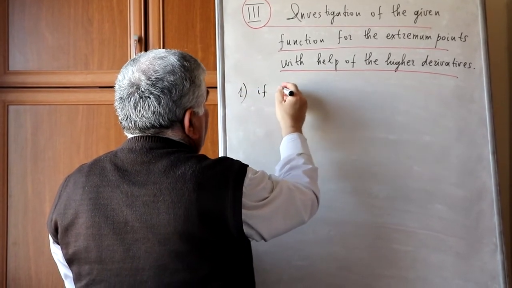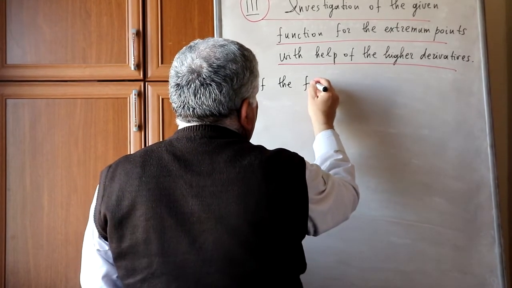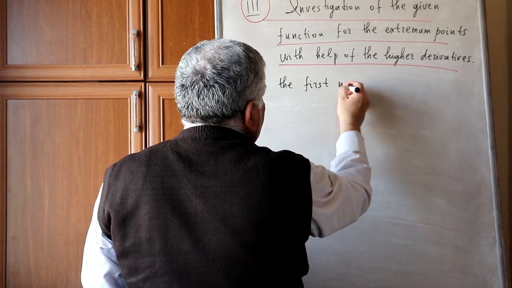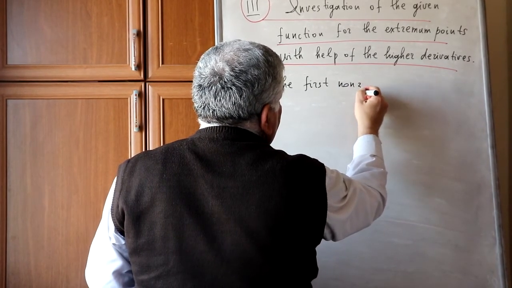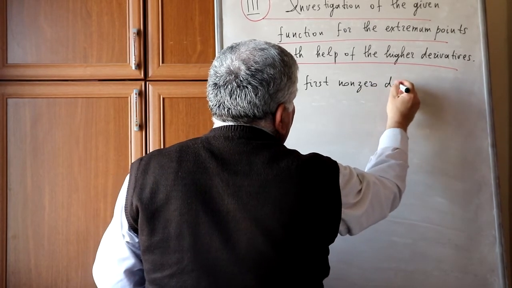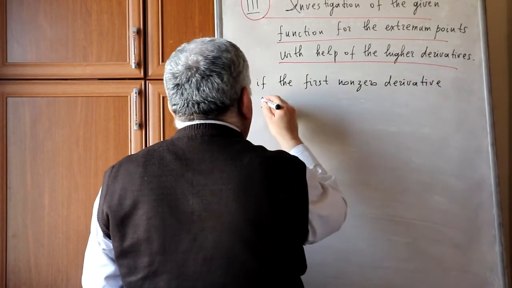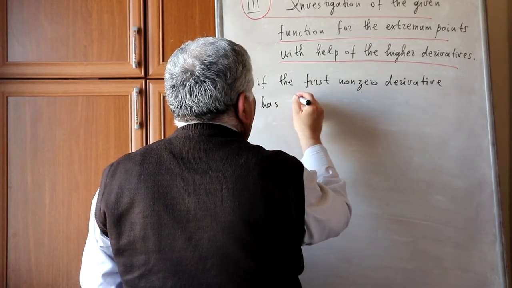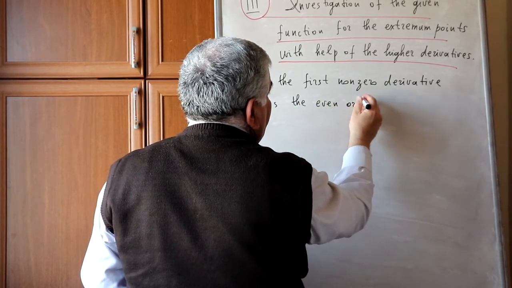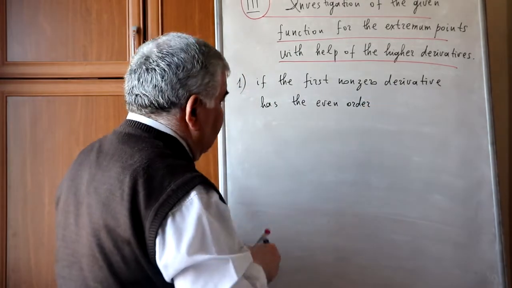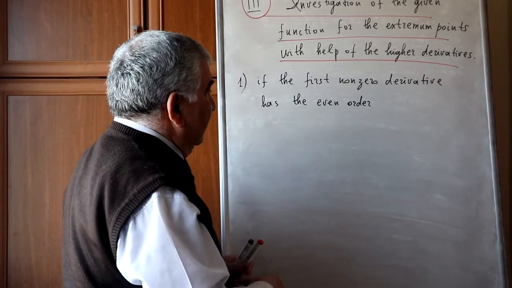If the first non-zero derivative has the even order. What is even order? In Azeri it is cüt tertip, in Russian четный порядок. Even order.